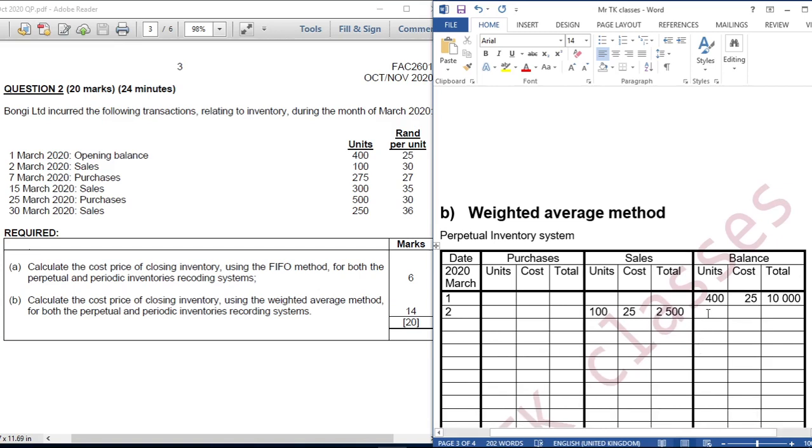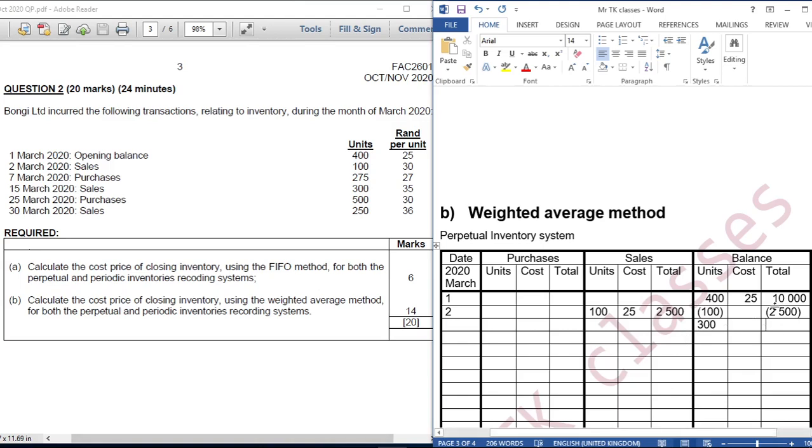Okay, so we are left with our main items here. Let me just make use of brackets. We remove that 100 by 25, right? It goes to 2,500. Okay, so here it means we are going to get 300 units.